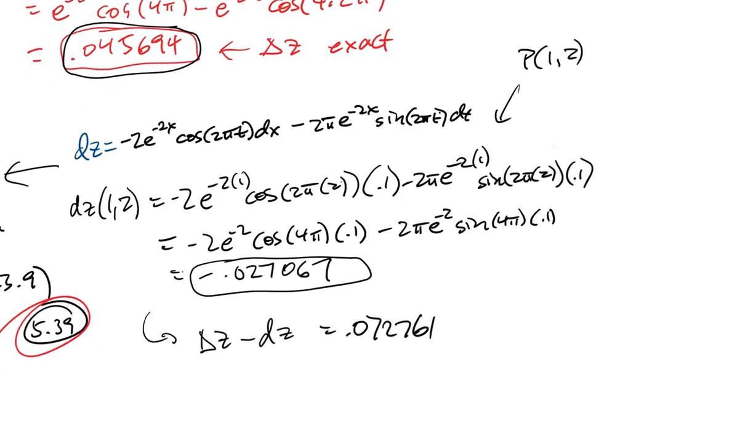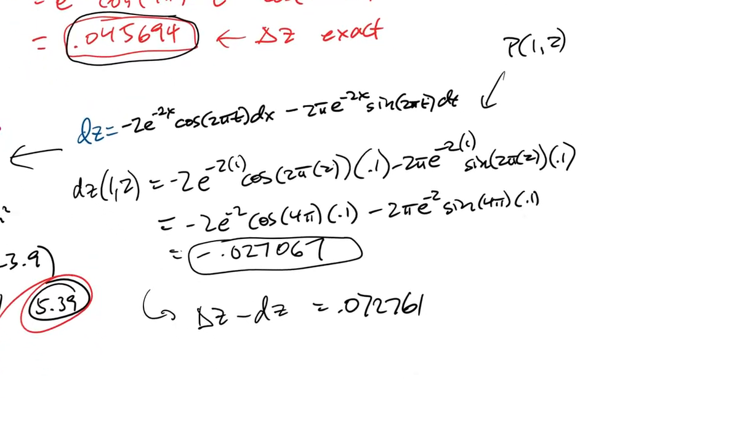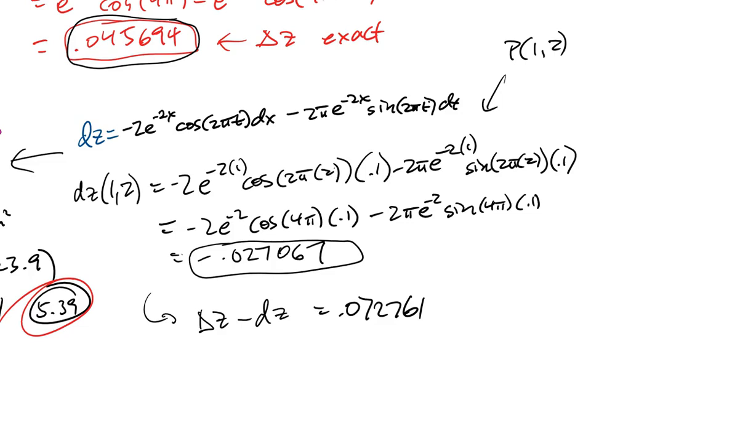The percent error in this is going to be the change in z over z itself, which is approximately equal to dz over z.